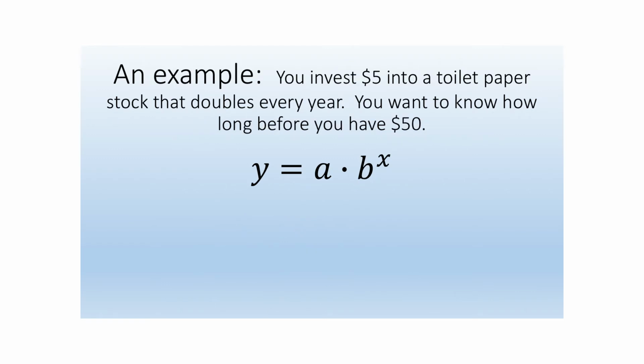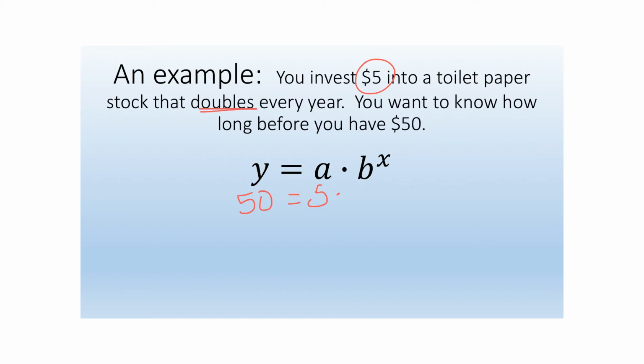Now we take that same story problem and solve for a different variable, where you want to know how long it is before you have $50. And so the $50 would be your total. A is still the $5.